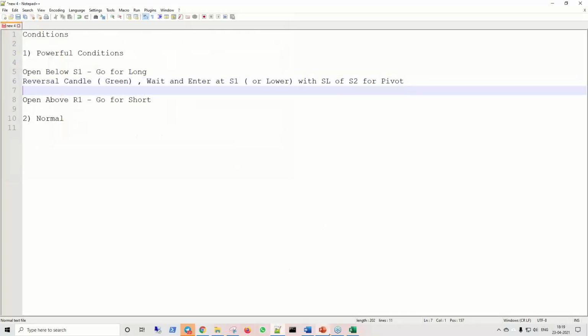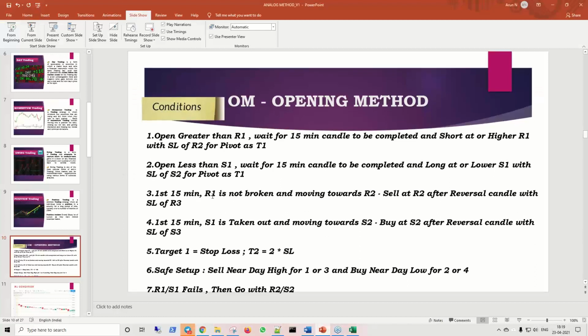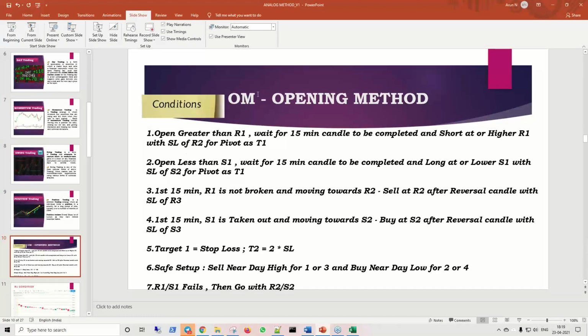Okay, so let us see some examples so that you will get a clear picture. These are the overall available conditions. We have a max of 6 setups. In that, 2 setups are very, very powerful, and in your initial days, try to trade only on those setups.